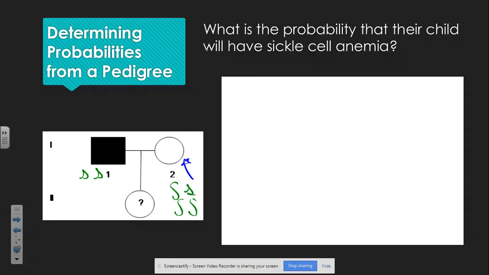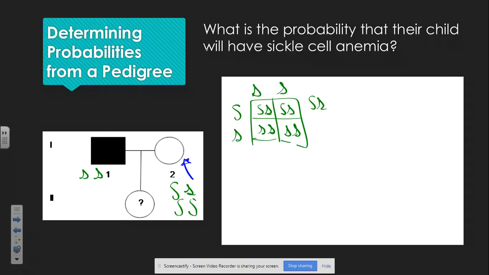So let's do first across where we're assuming that mom is heterozygous. So the two different alleles there on the left, that's a heterozygous. If she's a carrier, what are the chances that their child will have sickle cell disease? Okay, so we have two genotypes.